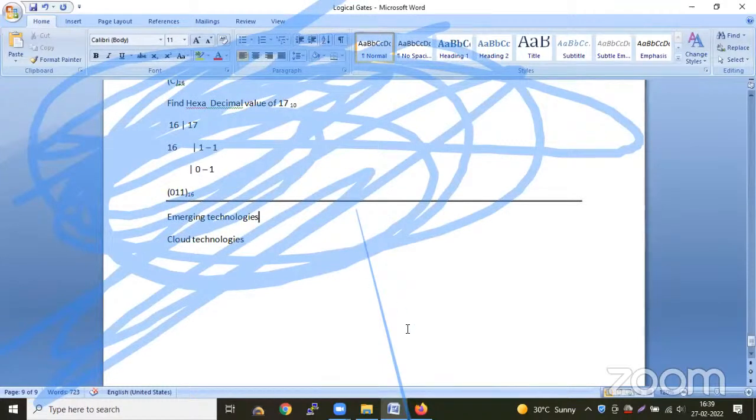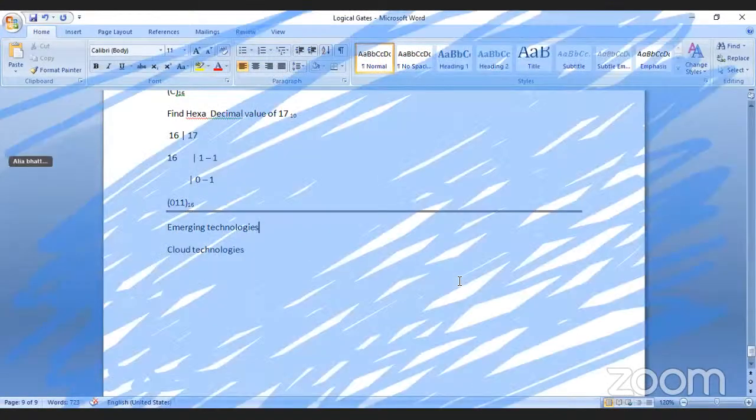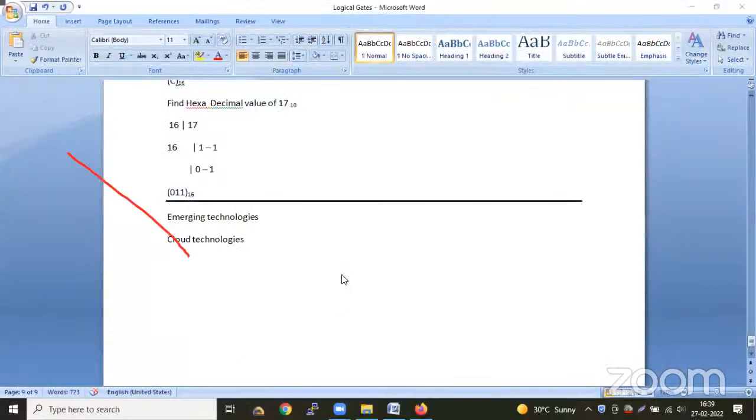So don't write on the system, please. I'm saying please don't change or move anything on your devices. If you want to go, you can leave the class. You have all the rights. Not an issue. I'll stop the screen sharing.